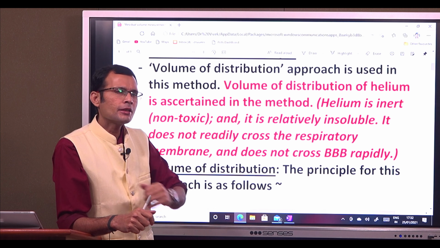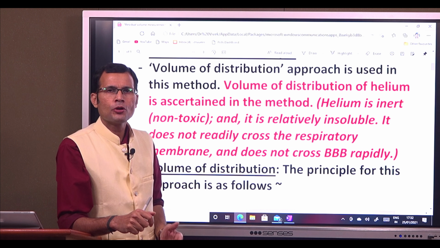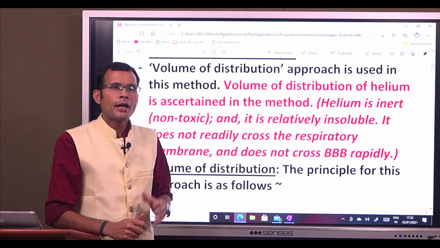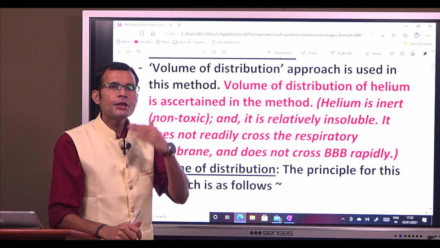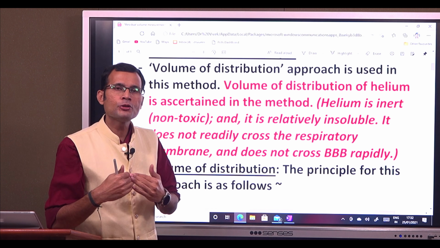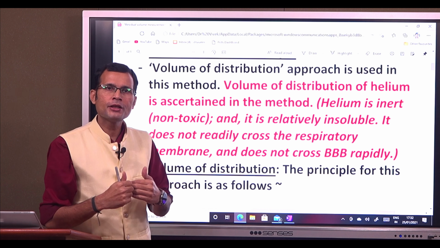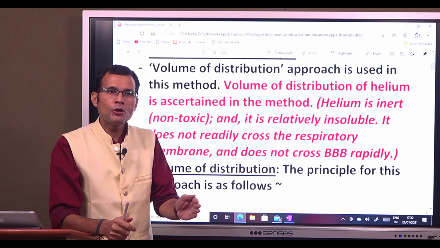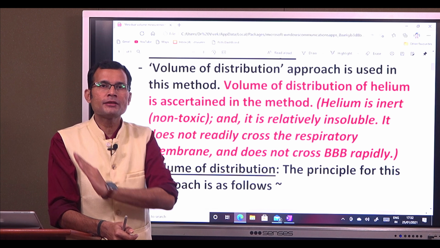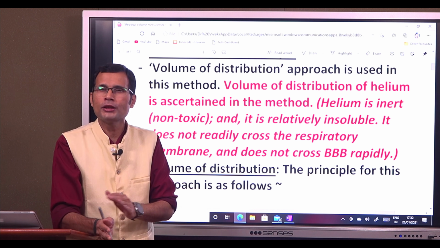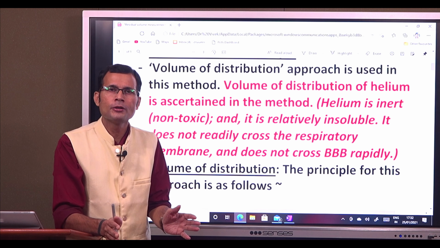Helium is inert, and relatively non-toxic. Apart from that, it is relatively insoluble, and therefore helium is going to flow into our lungs from the spirometer. It will flow into the lungs, but it will not diffuse into the pulmonary circulation. It will not diffuse into the blood, or rather it will diffuse very slowly, insignificantly, not at all.